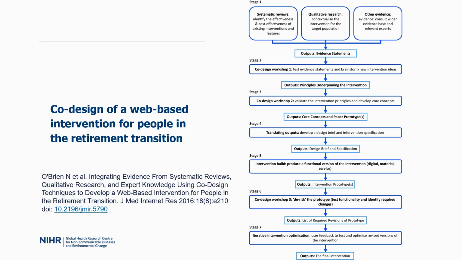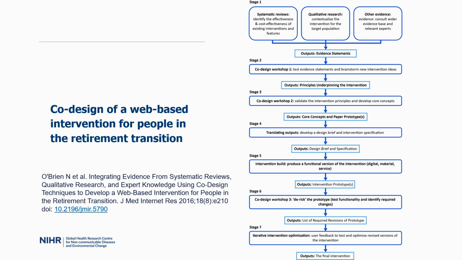So here is an example of co-designing a web-based intervention for people in the retirement transition. Remember the framework we discussed earlier. So in phase 1, they conducted contextual inquiry, including systematic reviews, qualitative research, and consulted with other resources. And taking this forward in the co-design workshop, they brainstormed a range of new intervention ideas. So think about the discover phase in the double diamond design framework.